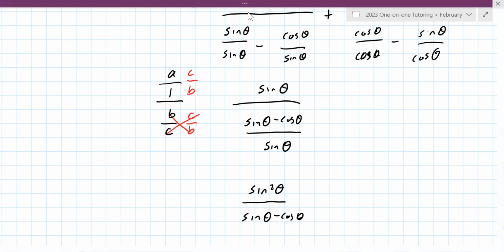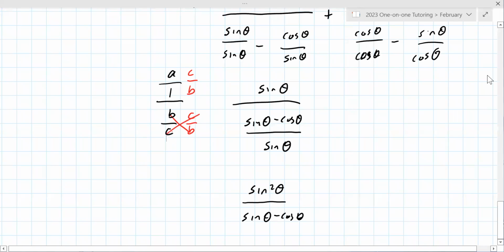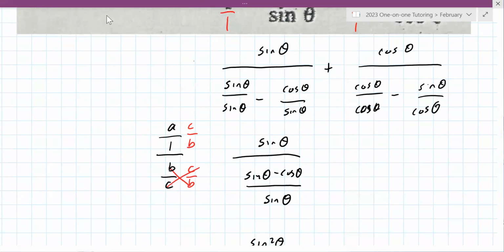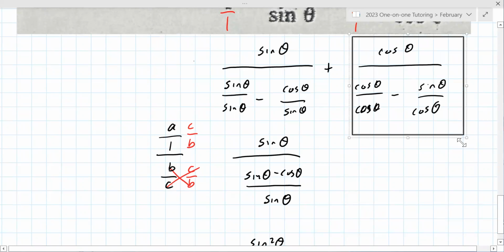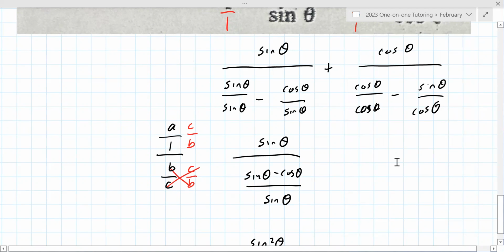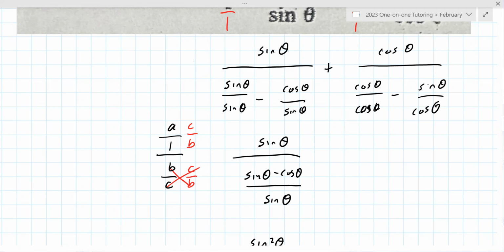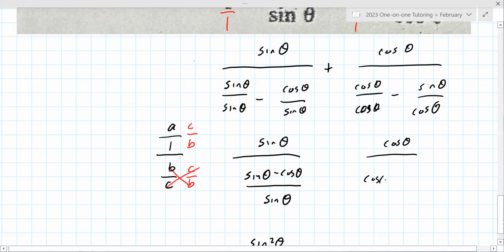All right, so now we should go and do something on the right. This other fraction here, what do you see that can be done? So that would become cosine theta over cosine theta minus sine theta over cosine theta.